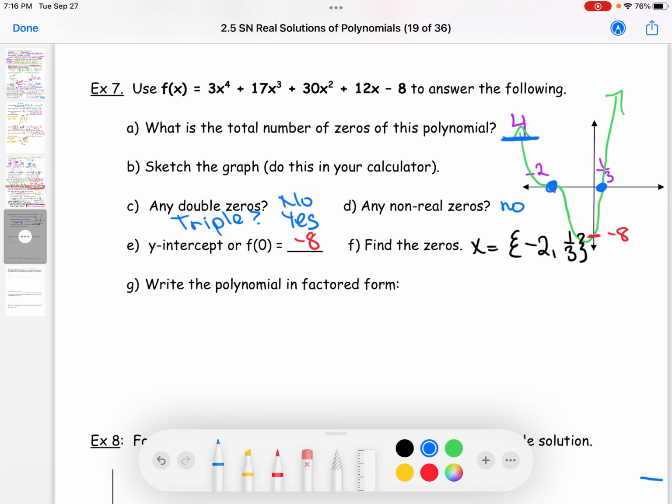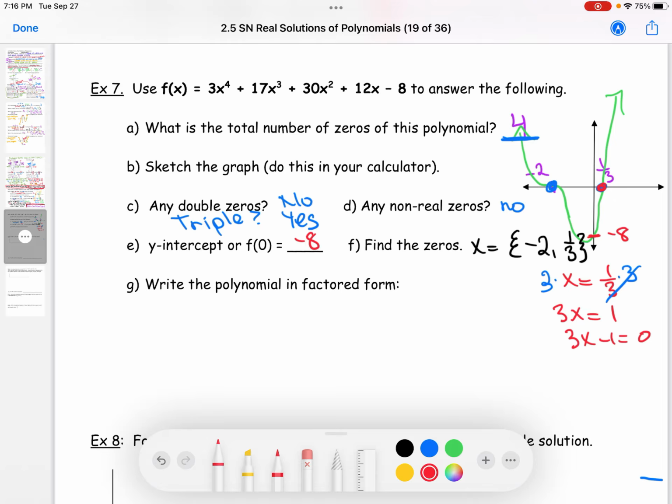Now, writing this in factored form. We have one of those roots that is a fraction, 1/3. X equals 1/3 was our solution. Multiply both sides by 3 to clear the fraction. Then 3x equals 1.